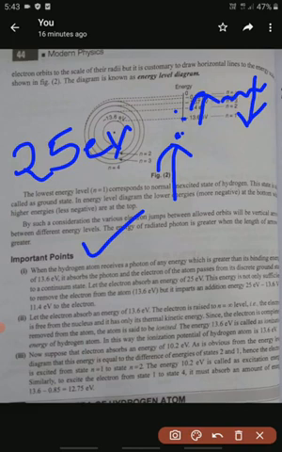Since we apply 25 electron volt, 25 minus 13.6 gives 11.4 electron volt. So electrons escape from this hydrogen atom with additional energy of 11.4 electron volt.